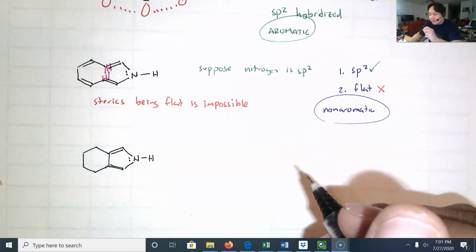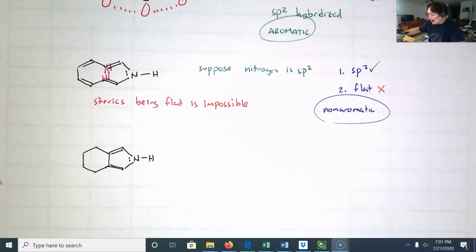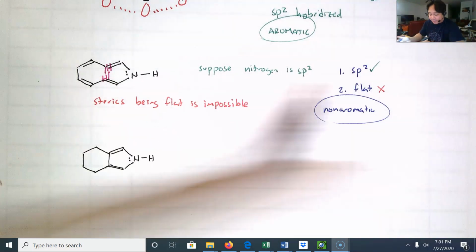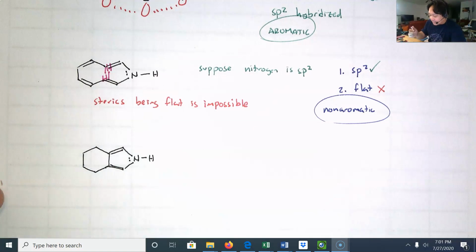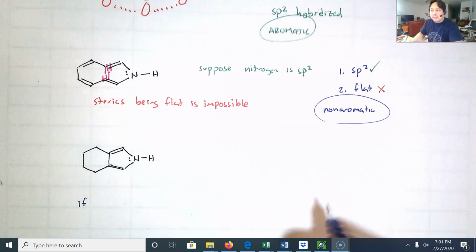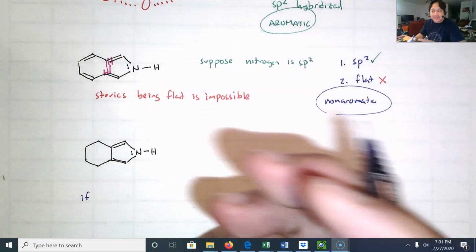The other thing that I do want to mention is, I know we have a second ring here. I think this is the first time where we had a molecule that had two rings. I'll say this as plainly as possible. If any part of the molecule is aromatic, you will consider the whole molecule as aromatic.